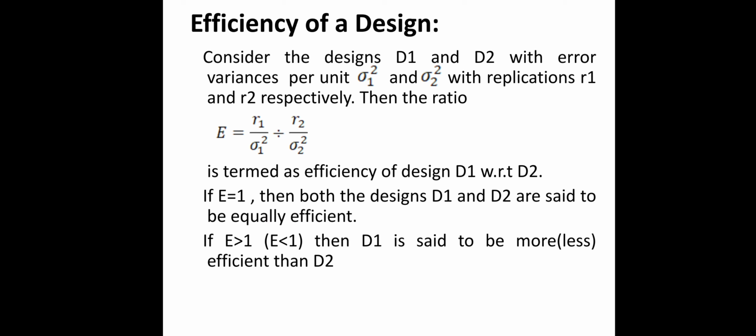Then the formula of efficiency is capital E equals r1 by sigma 1 square divided by r2 by sigma 2 square, which is termed as the efficiency of the design D1 with respect to D2. As I have already said, here the efficiency of D1 has been calculated with respect to D2. So if the value of the efficiency comes out to be 1, then we'll say that both are equally efficient. If it is greater than 1 or less than 1, then the design is said to be more or less efficient than D2.